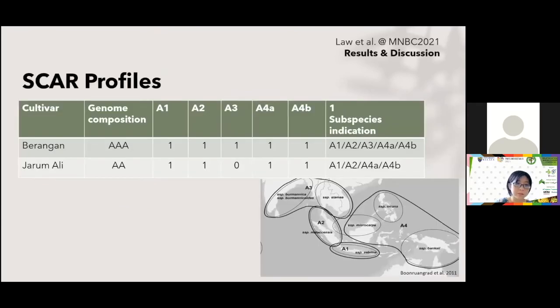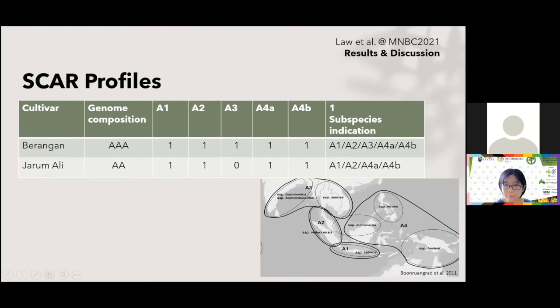The results are preliminary, tested on only two cultivars. Berangan is supposed to be triploid, however we can see there are five bands here. All five are present: A1 indicating zebrina, A2 malaccensis, A3 here burmannica or siamea, then A4, all of these.